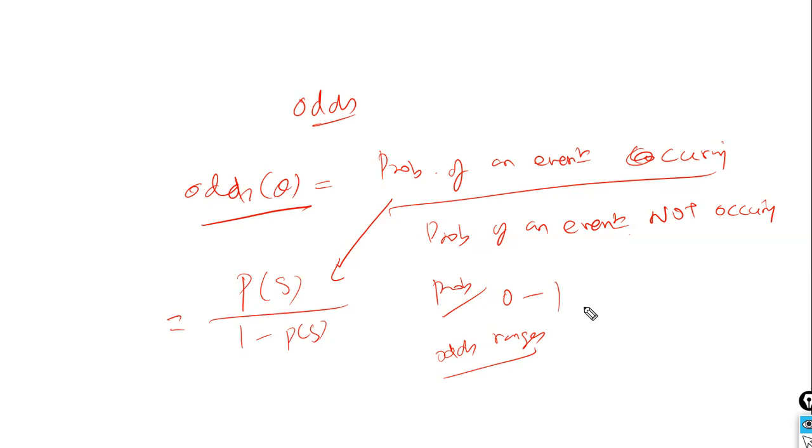What value? The odds range between which value?